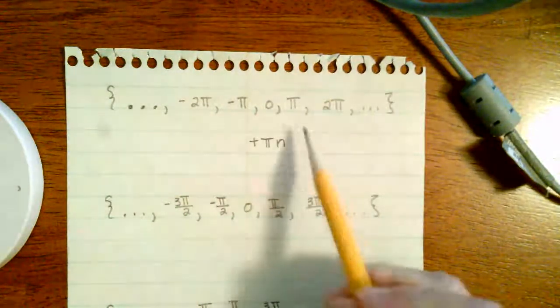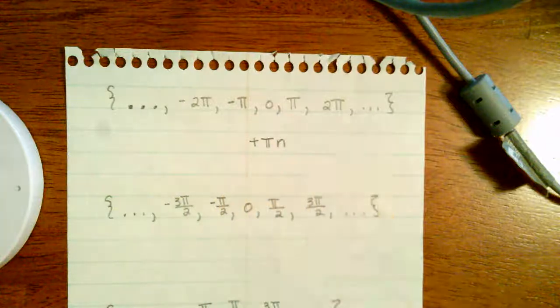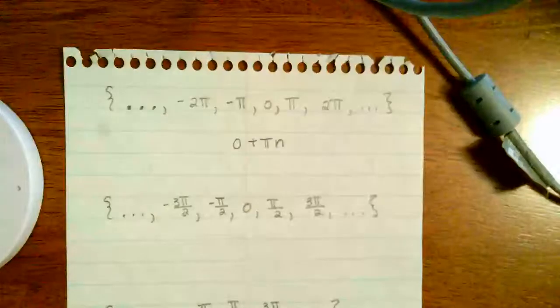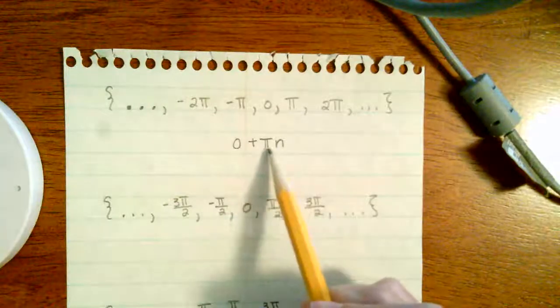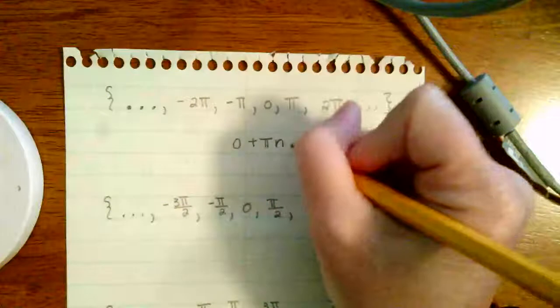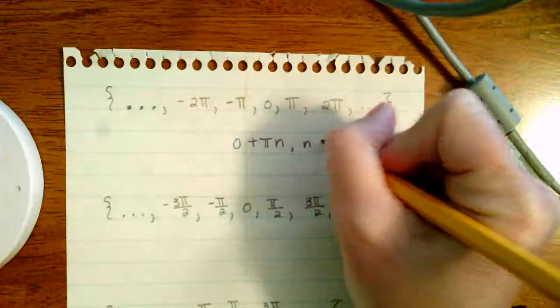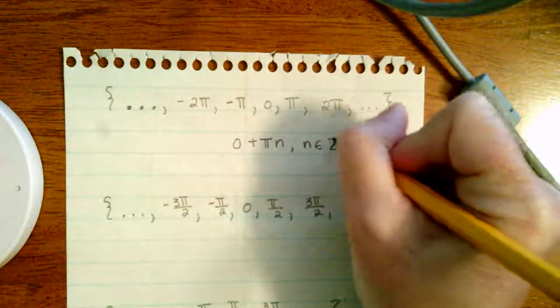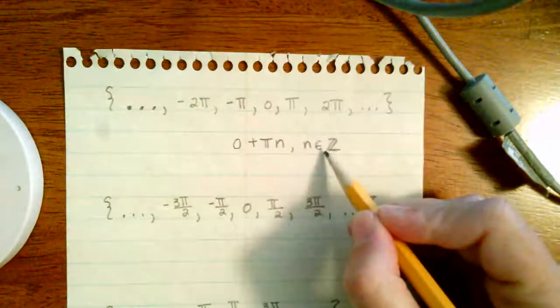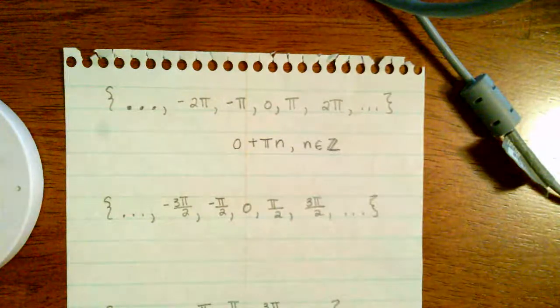You could pick any of these values as your start value. I generally will use 0 because it's the easiest. So 0 plus pi n, but we didn't define what n is yet. It's really important that we tell everyone that n is an integer. So I draw my Z, and then I draw in a double back.